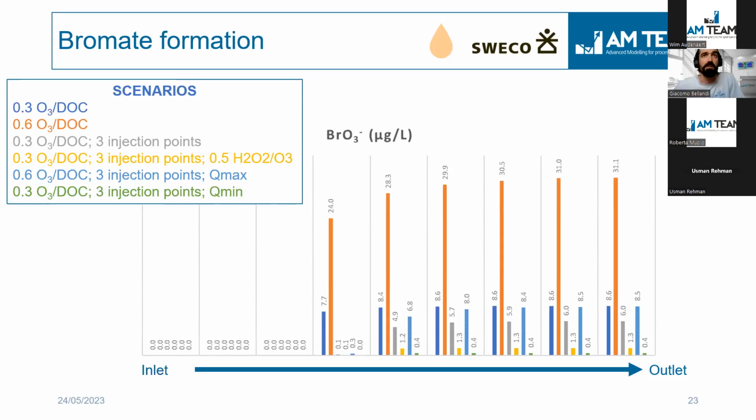Here you see the bromate results for each of these scenarios, and how a very high ozone dosage would bring too high a bromate formation. Then there are smarter ways of distributing the same dose, or achieving the same micropollutants removal with a lower dose, allowing us to minimize bromate to very, very low values.